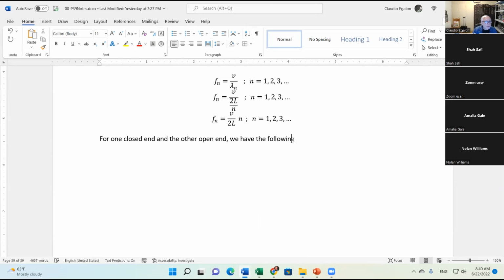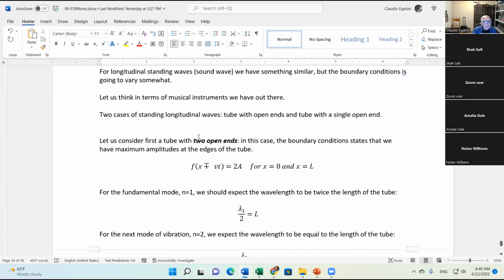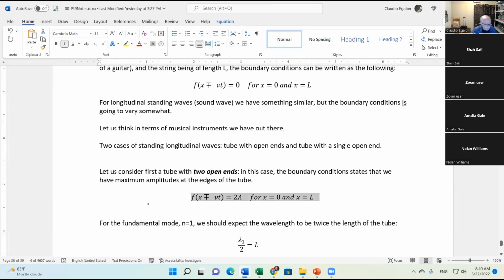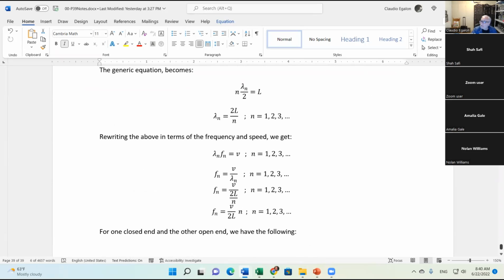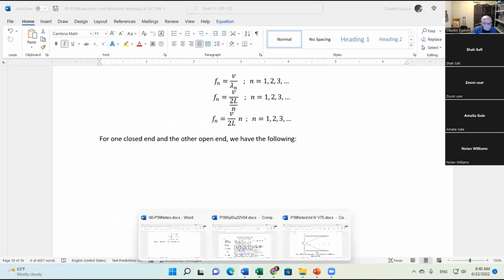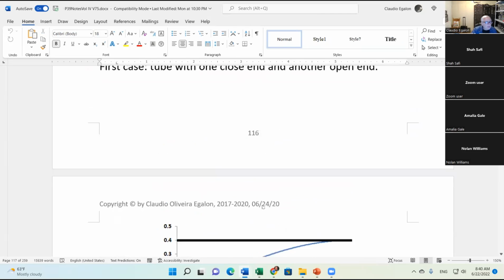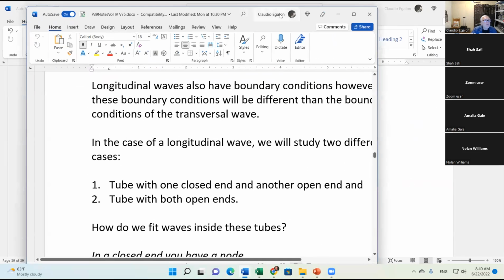And by the way, don't forget to write down the boundary conditions as well, right? For this case, the boundary conditions. Let's move it aside.